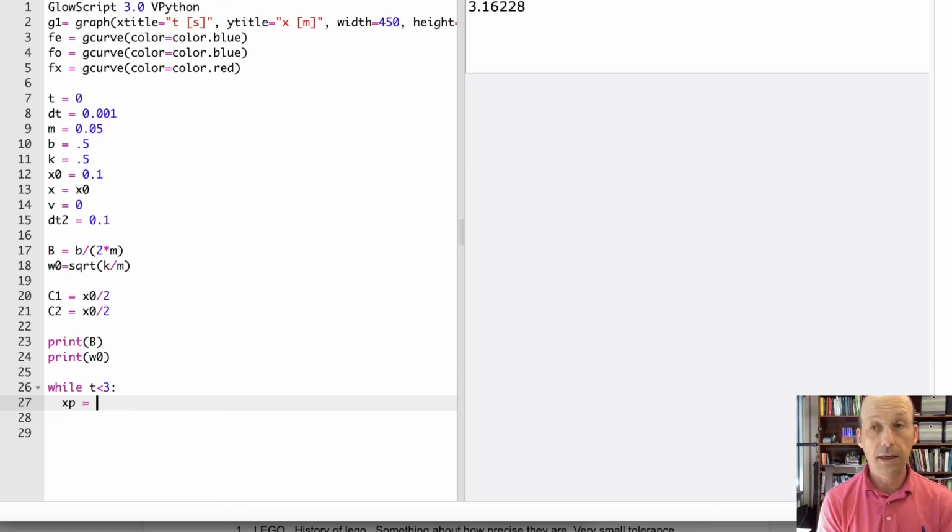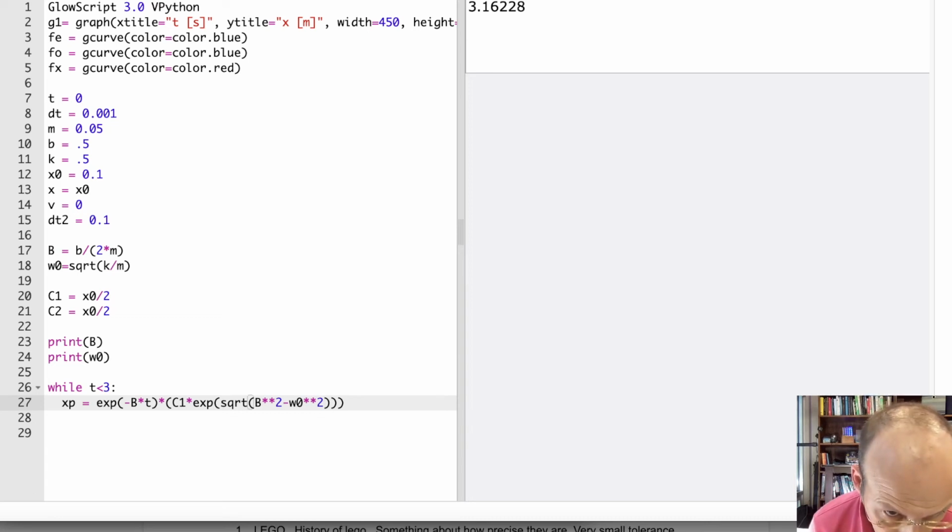So I'm going to say xp equals exponent negative b times t times c1 times e to exponent of the square root of b squared, I should have put this as a constant, b squared minus omega naught squared, all of that after I get out of the square root, times t. And then I'm going to do the same thing for C2. So I'm just going to copy this.